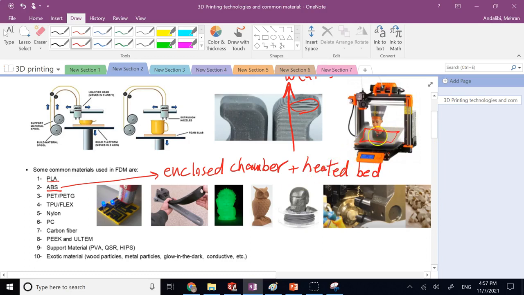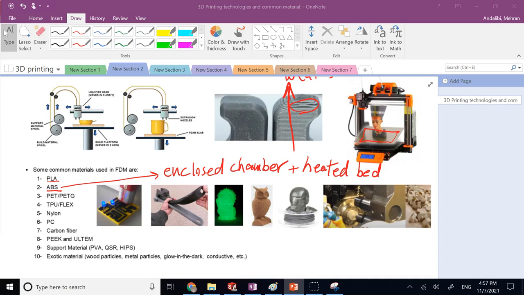So you need a heated bed and you need an enclosed chamber if you ever want to print with ABS. And definitely, as I said, it is not biodegradable. It is a chemical material, but it is a little bit more functional than PLA. Its printing temperature is a little bit higher than PLA, not significantly higher.